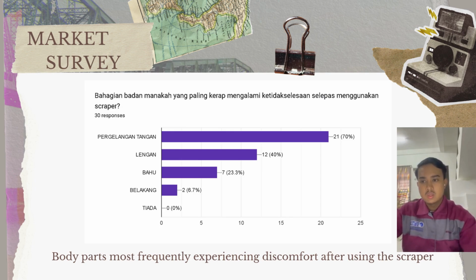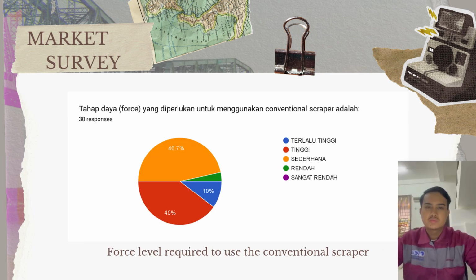A smaller number of respondents, 6.7%, experienced discomfort in the back, while no responder reported experiencing no discomfort. This result indicates that scraper users predominantly affect the upper limb, particularly the wrist and arm.